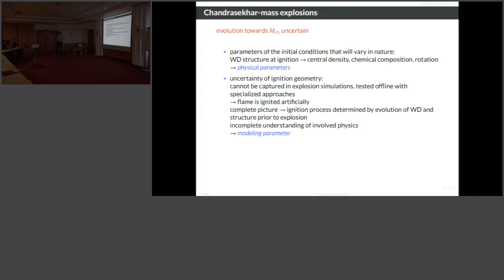So the point where the ignition takes place and the conditions under which the ignition takes place should be fixed by the turbulence condition and by the properties of the white dwarf, its density and its chemical composition. So the fact that the flame ignition is artificial in the model is due to our incomplete understanding of the involved ignition physics. So this is a modeling parameter.